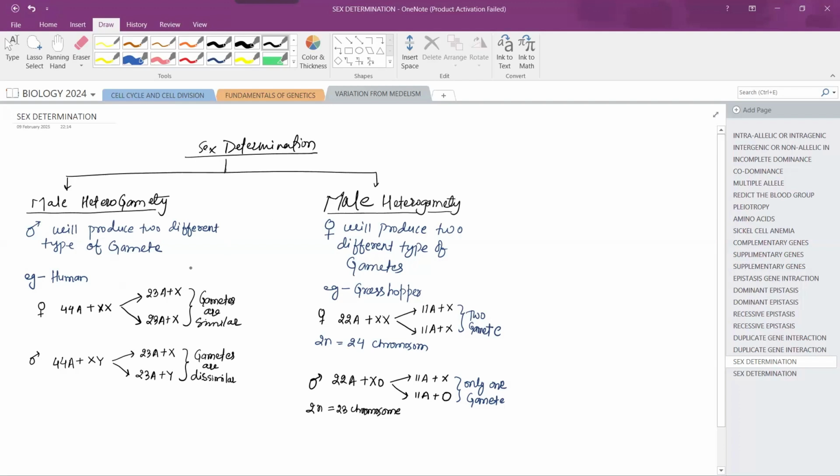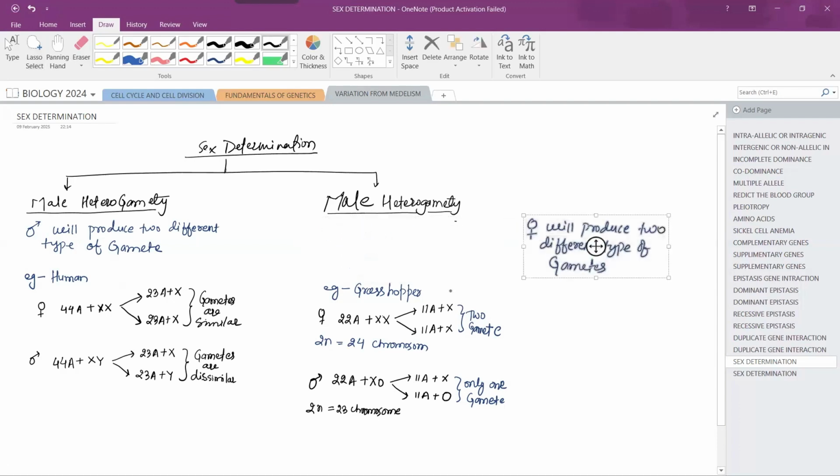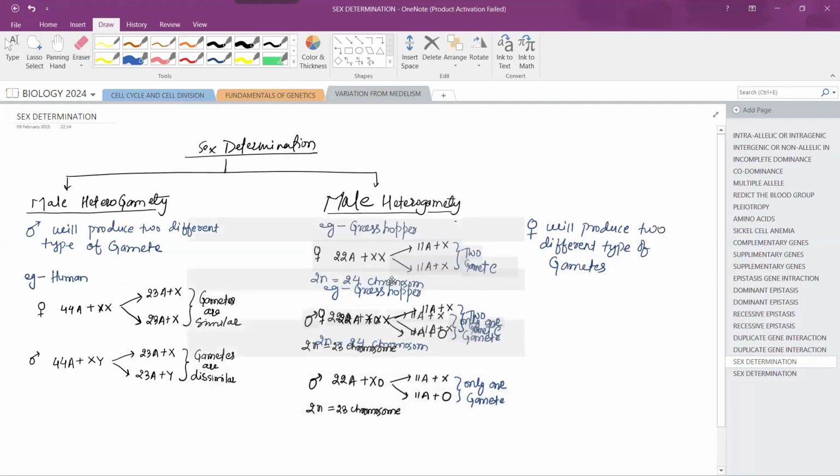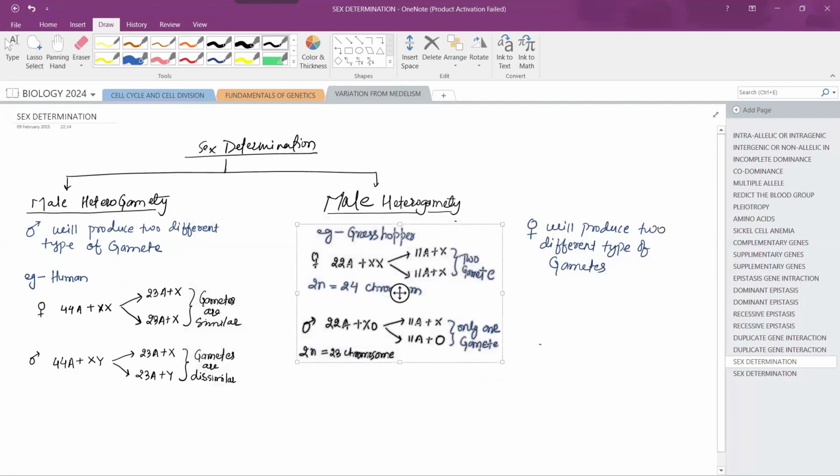There are two cases of male heterogamete. One type is XX and XY type, and another one is XX and XO type.